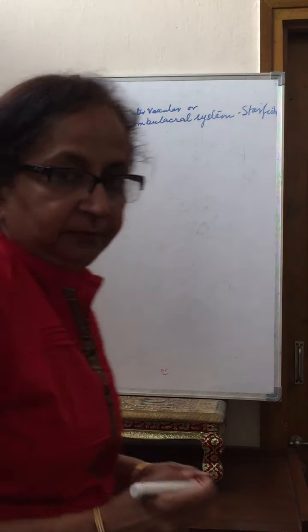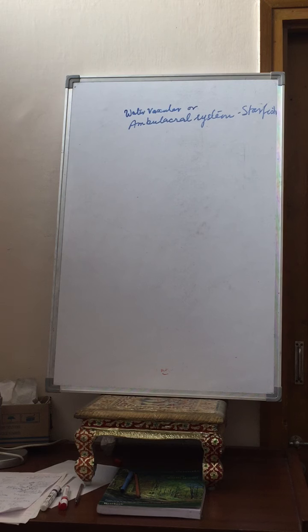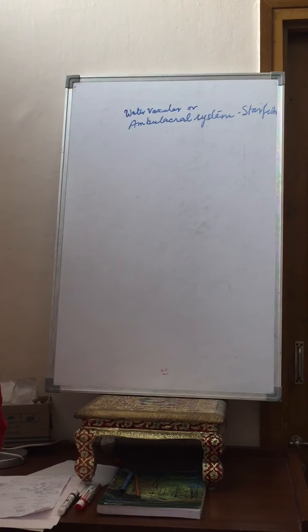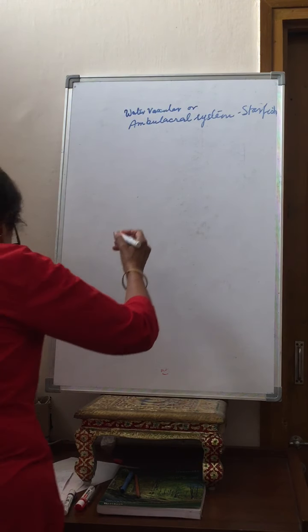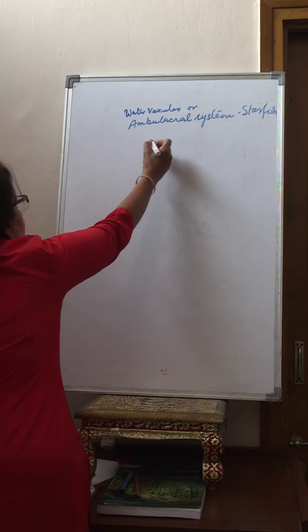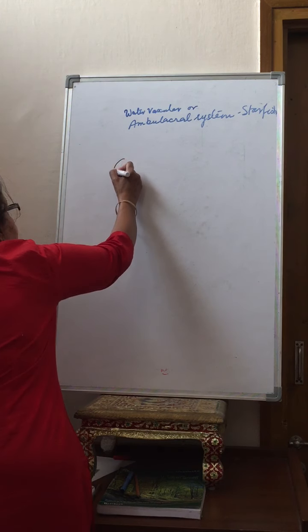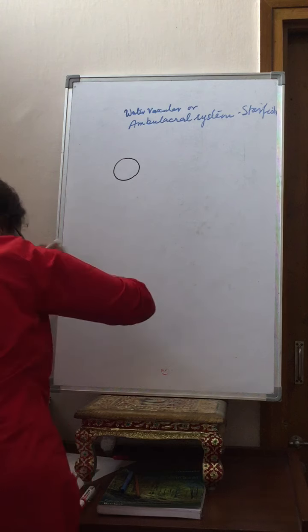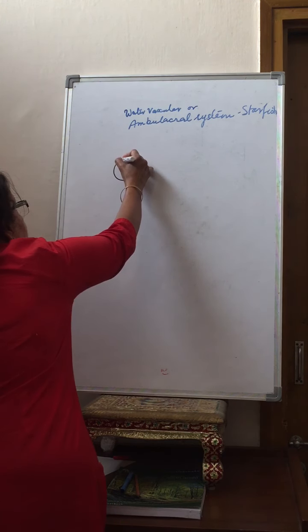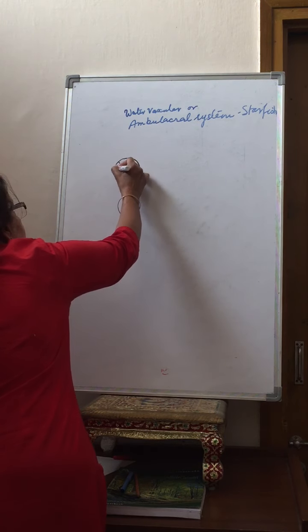So the water vascular system consists of a madreporite, which is present on the aboral surface of the starfish, and it has got grooves in it.